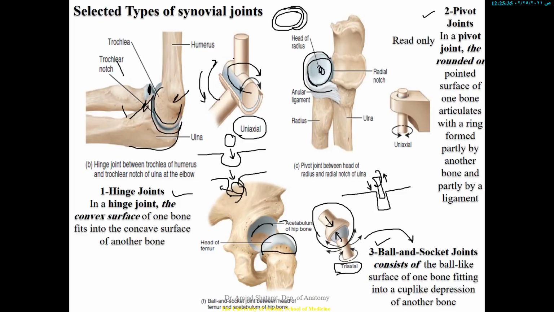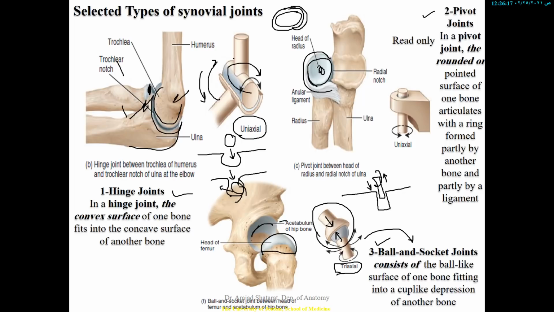So again, the main point in the subtypes of synovial joints is this: the range of their movements is determined by their shapes, the shapes of the articulating bones, with ball and socket being the triaxial joints that perform more than one function on different axes, and of course the hinge joints, which are considered uniaxial, performing on one axis flexion and extension.